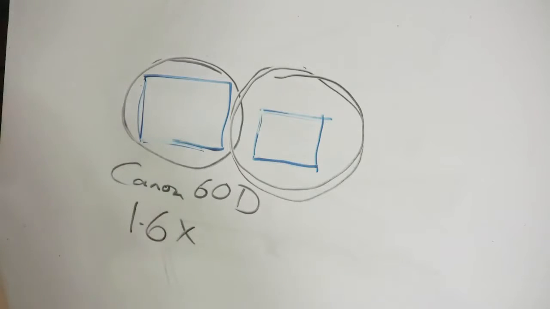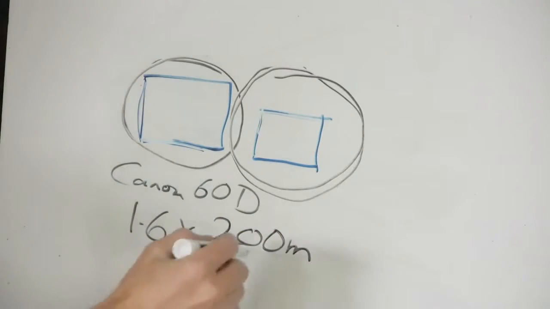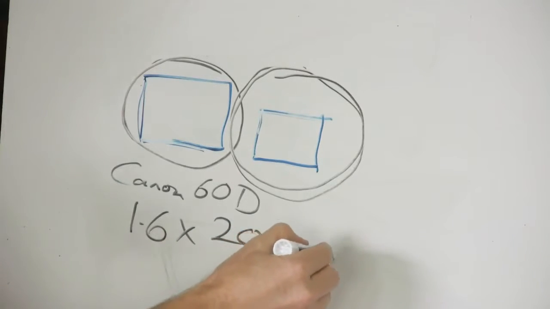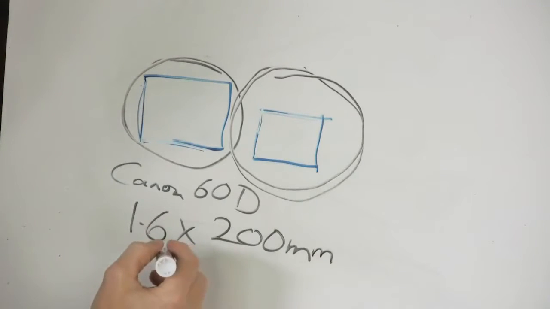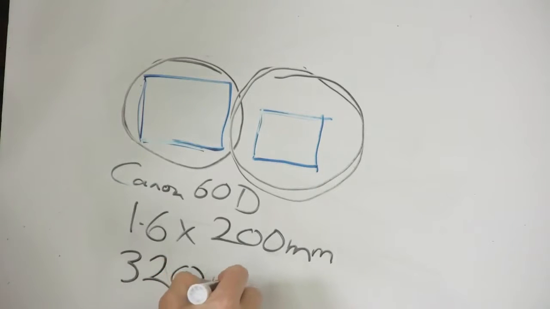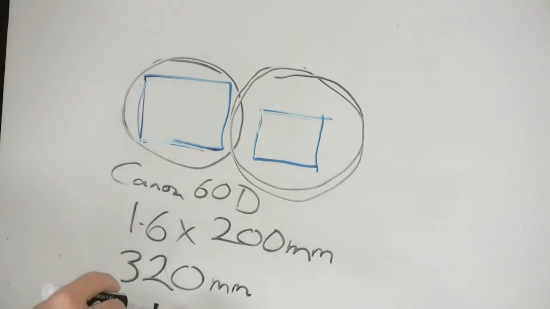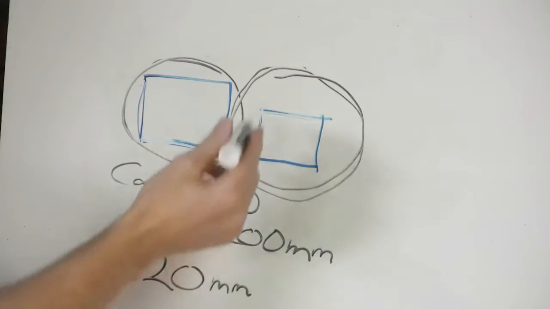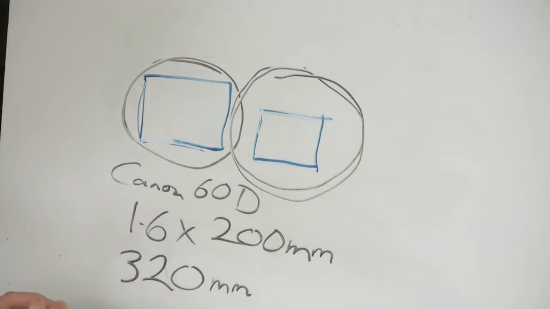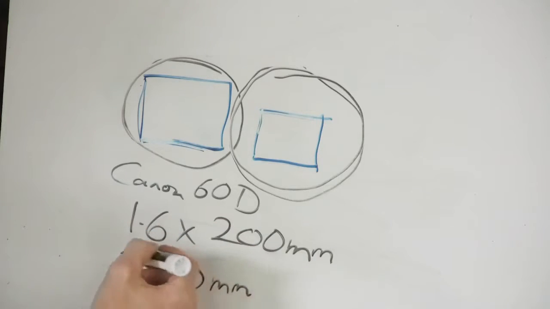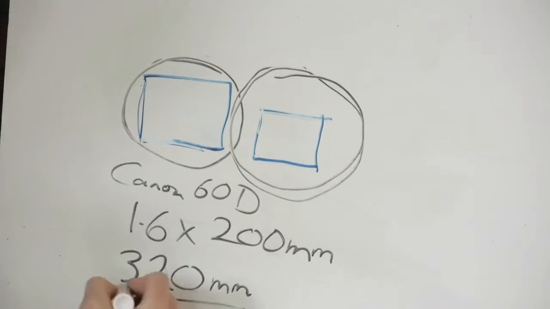So if you had a 200mm lens focal length, which is like a reasonable telephoto, you actually multiply that out and you'll find it turns out to be equivalent to a 320mm lens. So it's not that it becomes a 320mm, but effectively it's taking a smaller piece of that 200mm, and the magnification becomes equivalent to a 320mm lens.